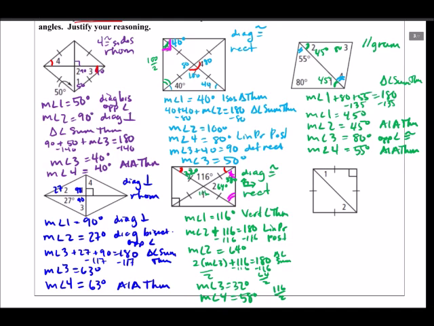Another way we could have done that is, I need a different color. This right here is a right angle, isn't it? And we know that this one is 32, so 32 plus the measure of angle 3 equals 90. 90 minus 32, that gives us the measure of angle 3 equals 58.